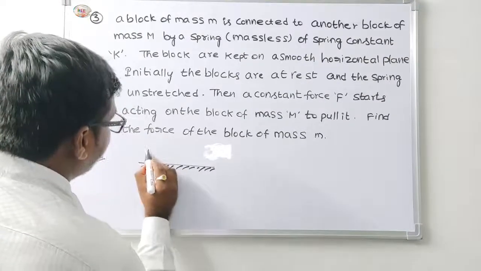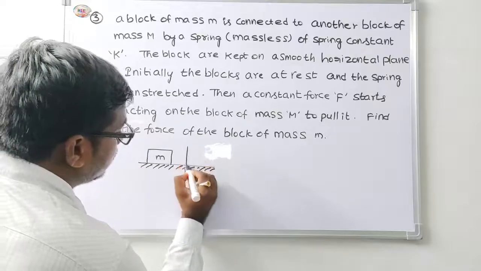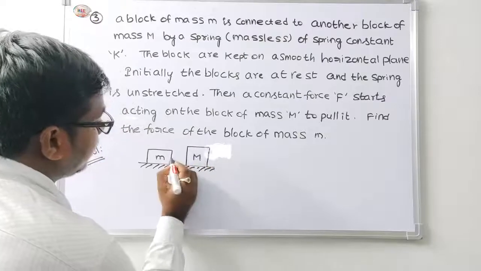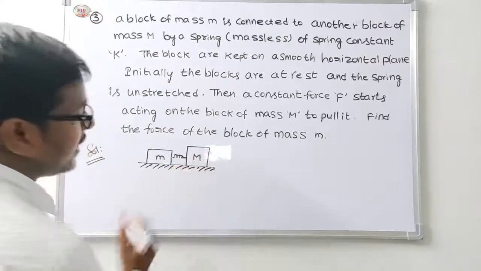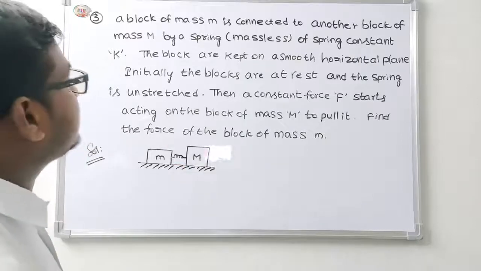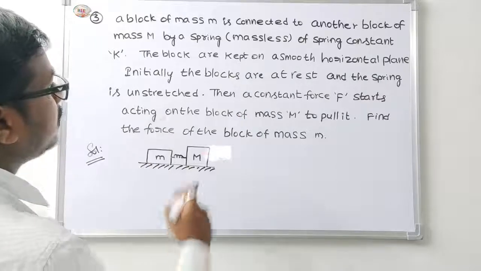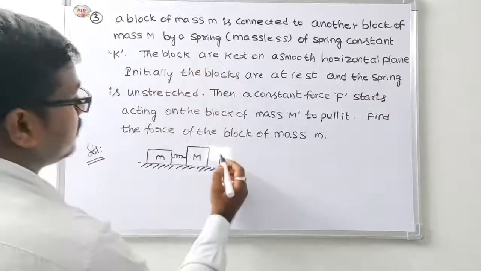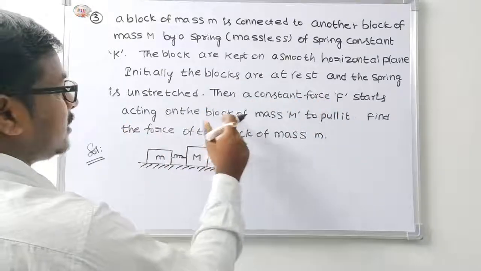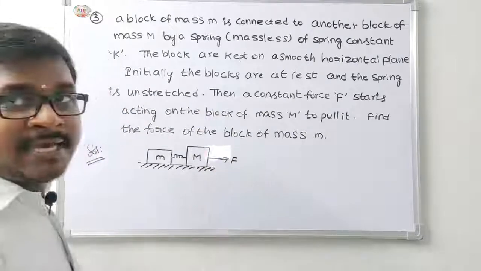The block of mass small m and another block of mass capital M are connected by a spring. The spring is massless, and the spring constant is k. A constant force F starts acting on the block of mass M, in this direction, and the acceleration also acts in this direction.